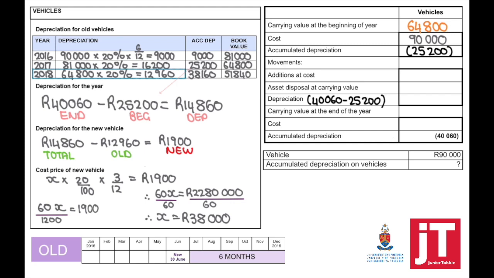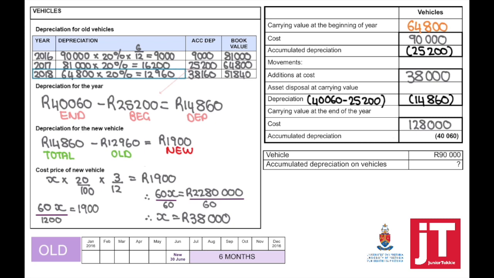The total depreciation for this accounting period on vehicles is the balance at the end minus the balance in the beginning. The difference is my total depreciation for this year. Additions, we have calculated the cost of the new is 38,000.